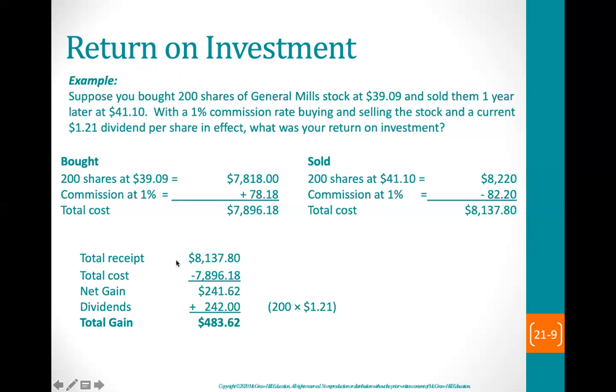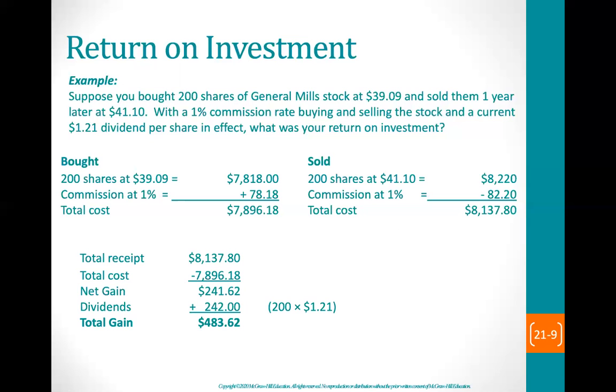So our total amount of money we actually received less the amount it actually costs us, we actually had a gain of $241.62 on the sale. We sold those 200 shares for $241.62 more than we paid for it.